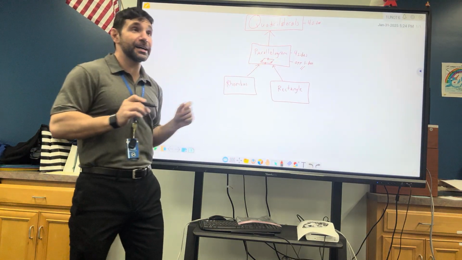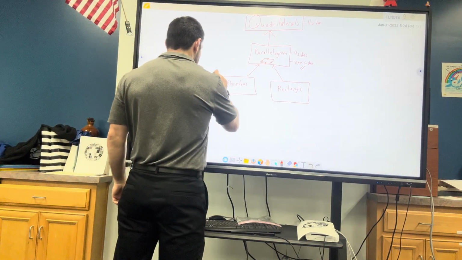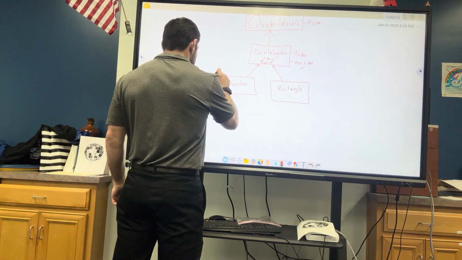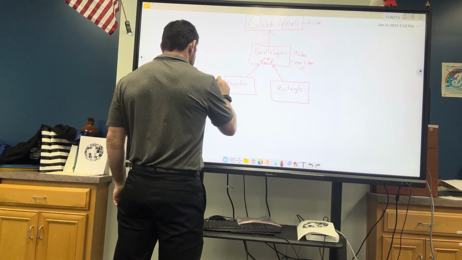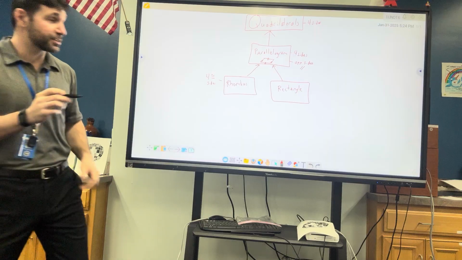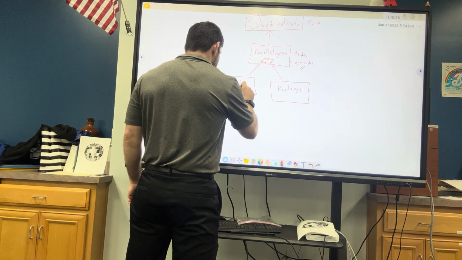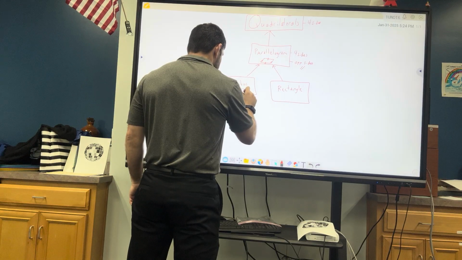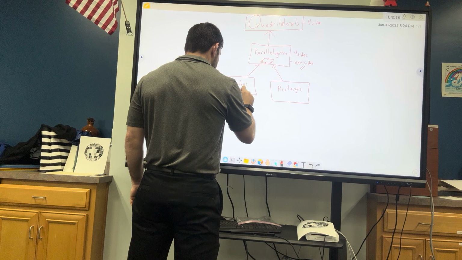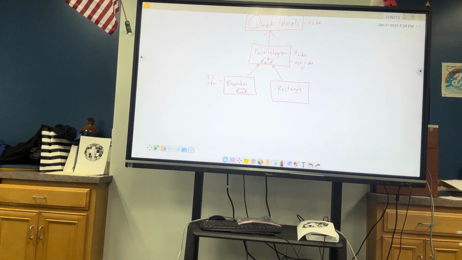The opposite sides are parallel, but what makes it a rhombus? 4 congruent sides. That's what makes it a rhombus. So when I draw a rhombus, not only is it parallel, but all of the sides are congruent.